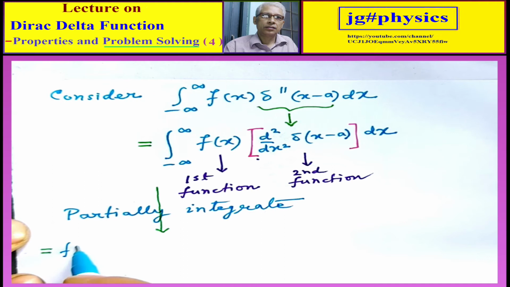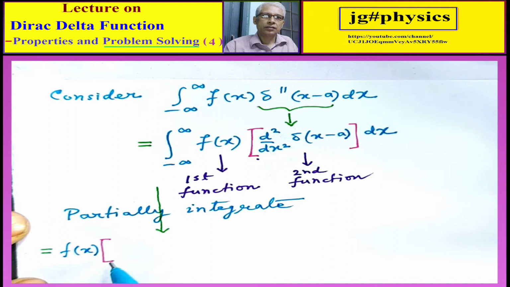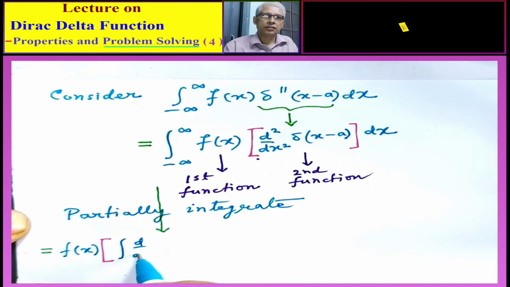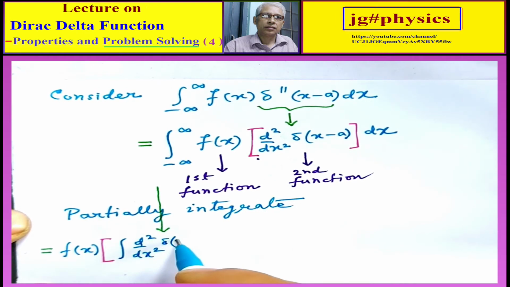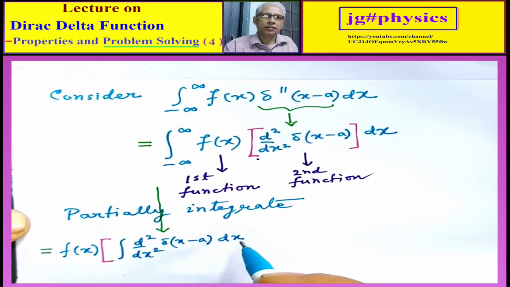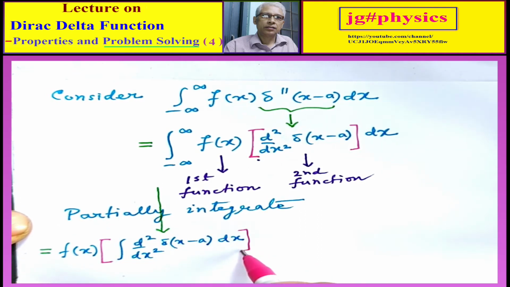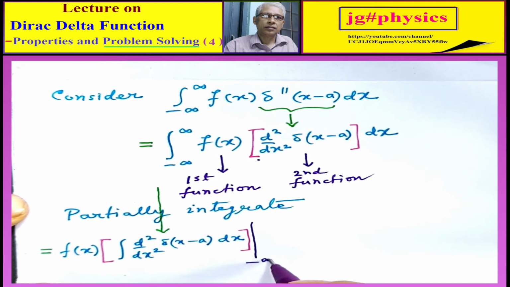So f of x is the first function. It stays unchanged, and now we have to integrate over the second function. And then put the limits minus infinity to plus infinity.